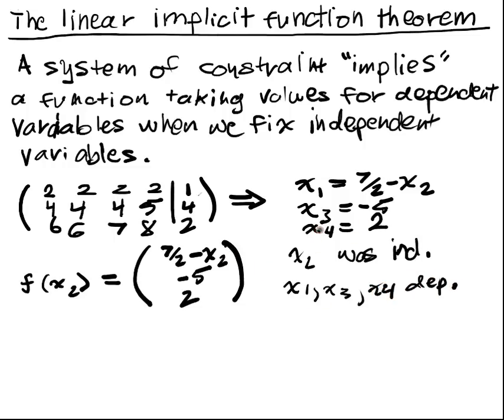But what about if I kind of switch that up? Well, I could also have x1 as the independent variable, and then I would have x2, x3, and x4 as dependent, right? But what if I chose x3 as the independent, right? So x3 is independent. Can I do that?